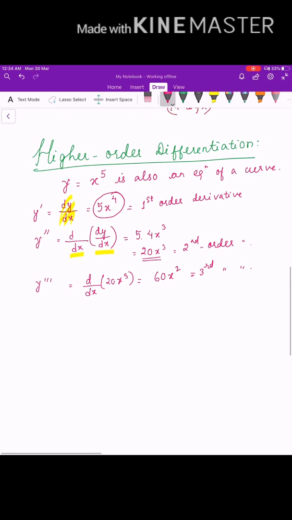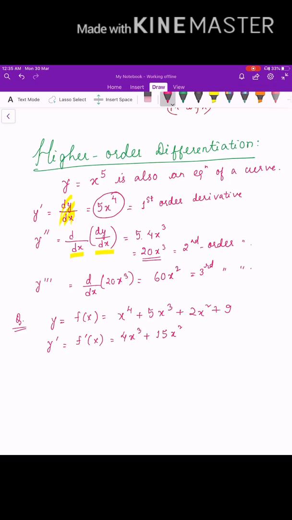So this is it. Let us solve an example from the book. If y is equal to f(x) is equal to x to the power 4 plus 5x cubed plus 2x squared plus 9. If I am to find the first order derivative, that is y dash, or I can call it f dash x also, so I have to differentiate. So what will this become? 4x cubed plus 5 into 3, 15x square.